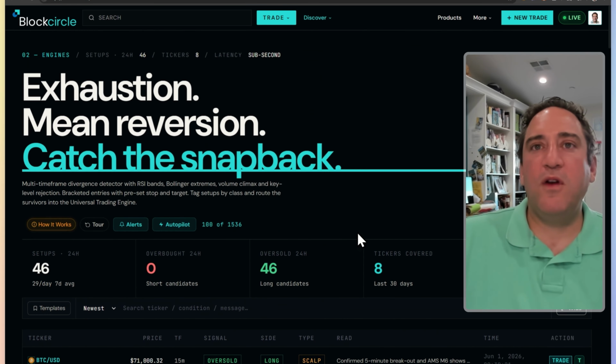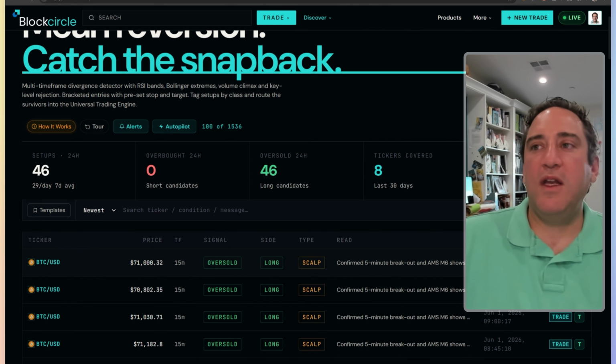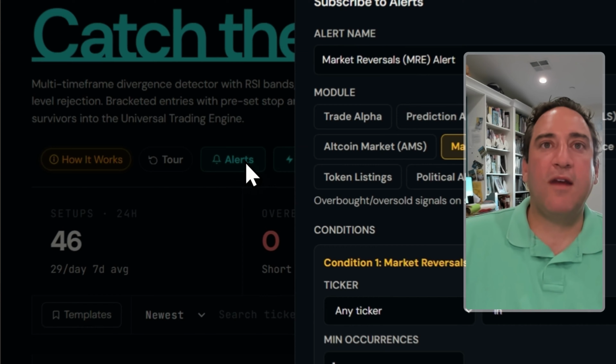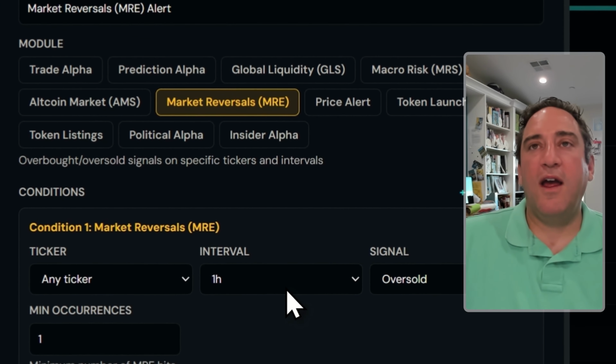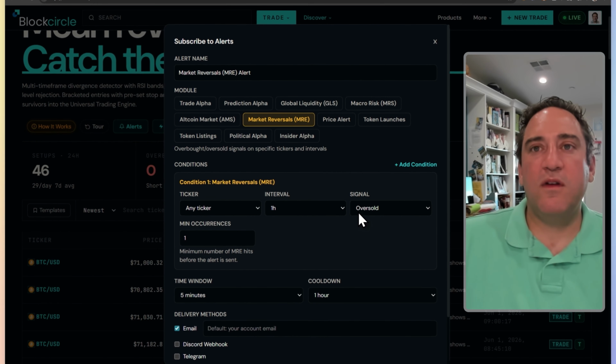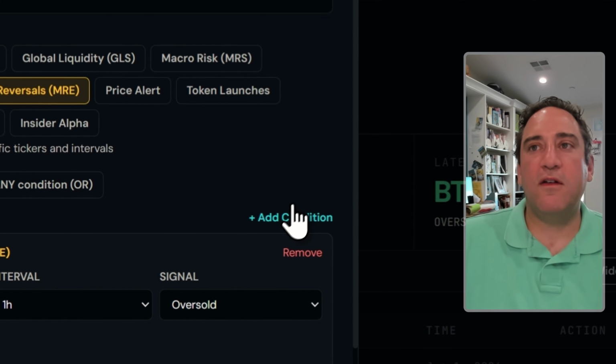So this is the beauty of how it's set up. You can immediately trade when you get the alerts. You can set up the alerts. The way that I'm really proud of how this was designed is that it's engineered in a way where you can set up as many conditions as you want.